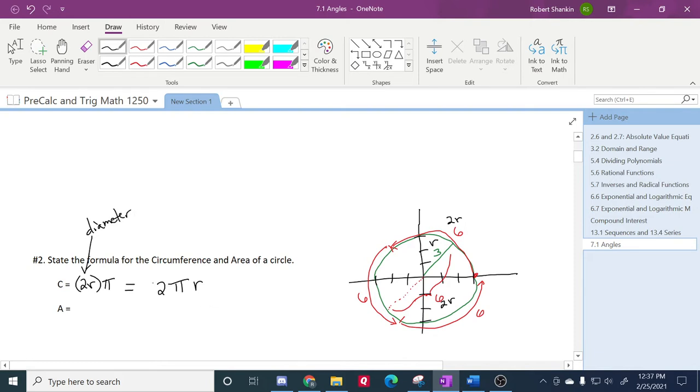Okay. And then the area of a circle. Let's go to a different color here. If I had this square that surrounds my whole circle, it would be 1r across, because r is the distance across here. So 2r.